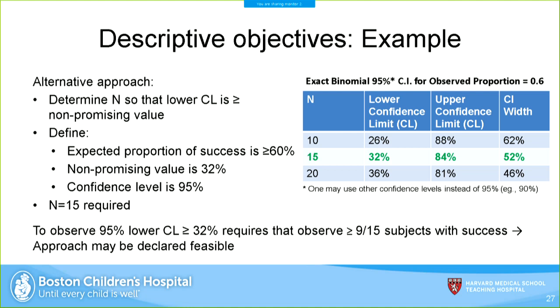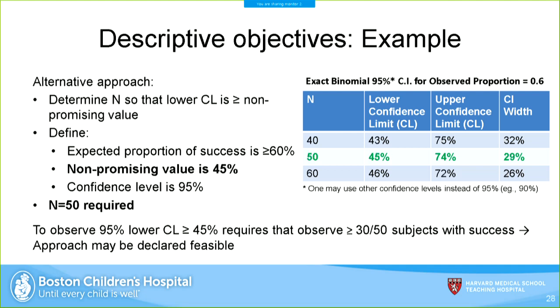So for example, with 10 individuals, the limits are 26%, 88%. So this is too low. With 15 individuals, the lower confidence limit is exactly at 32%. So this is the minimum number that we would need to rule out a success rate lower than 32%.